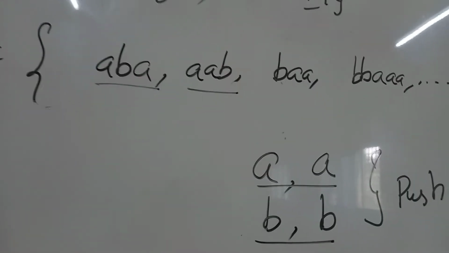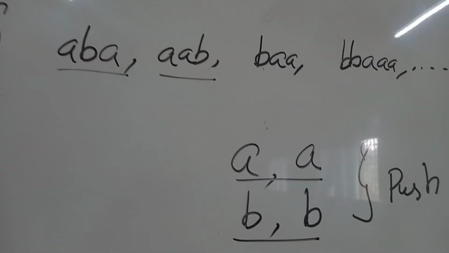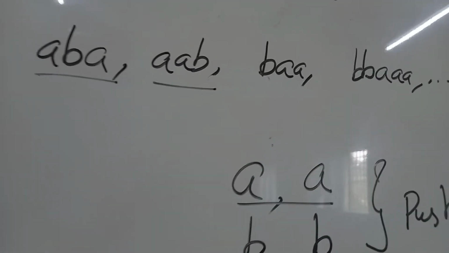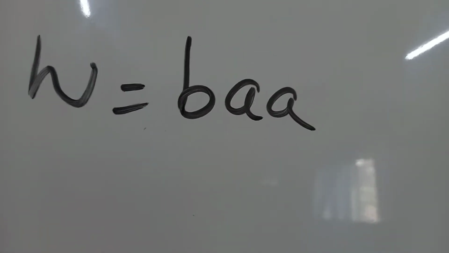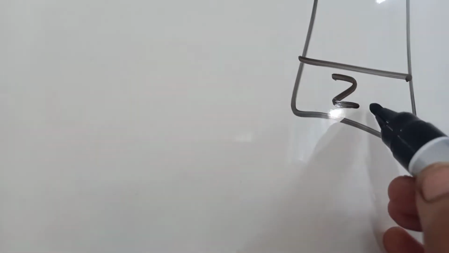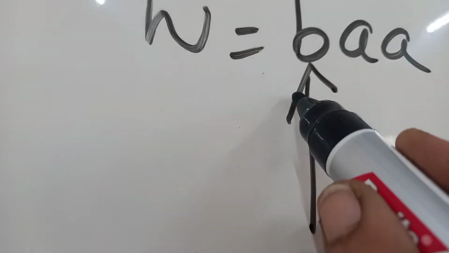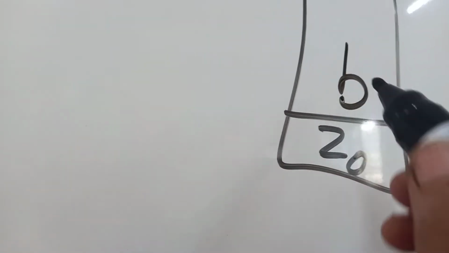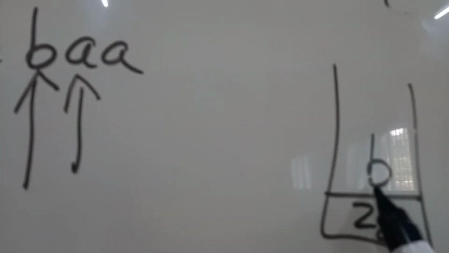Okay, now let me take one string and analyze that string, and then we go for the pushdown automata. So here I will consider the string BAA. Number of B's is 1, the number of A's is 2. Here we know that initially the stack consists of Z0, and then the first input symbol in the string is B, so we need to push that onto the top of the stack, and the next input symbol is A, and the topmost element is B, so we have different symbols.